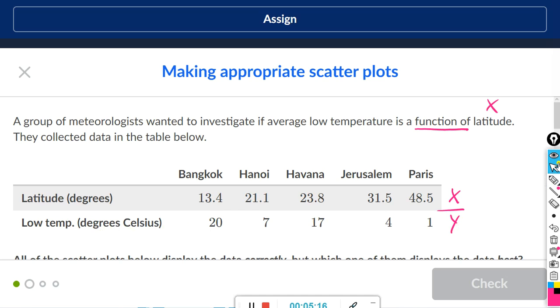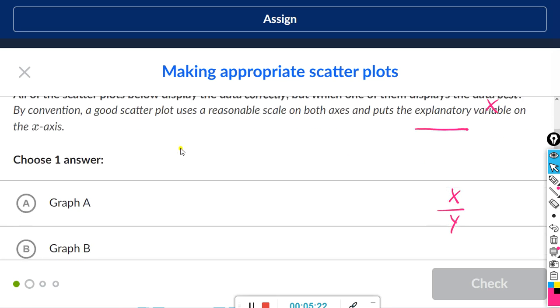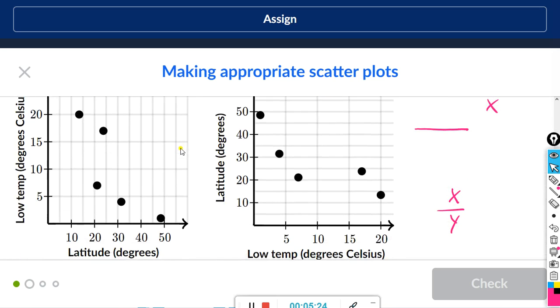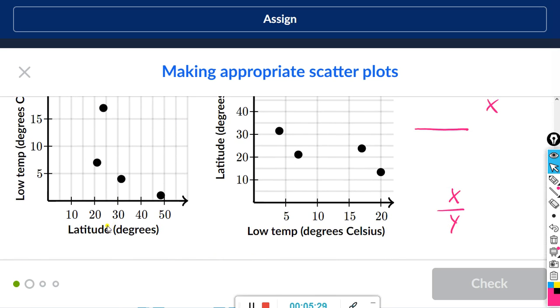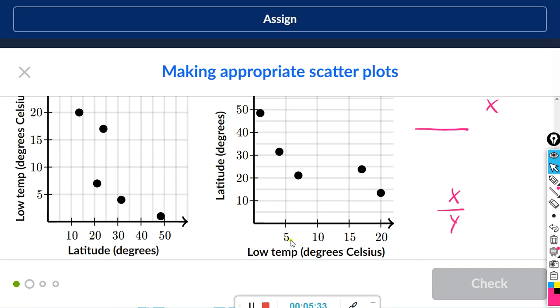Looking at the graphs, I want to make sure that latitude is for the x-axis. Graph A is okay for latitude. Graph B does not have latitude for the x, so it's not graph B.